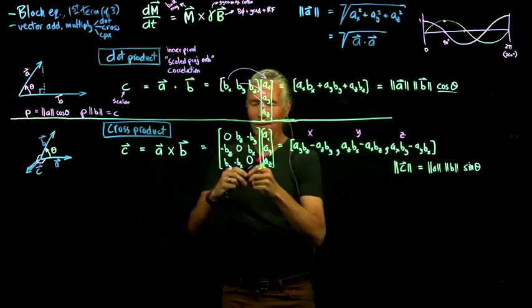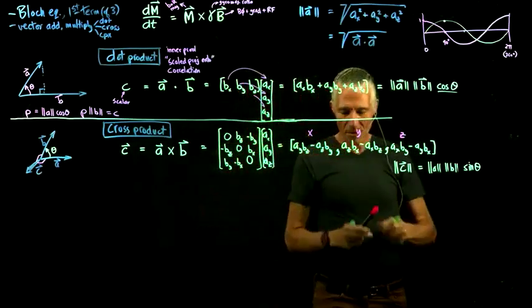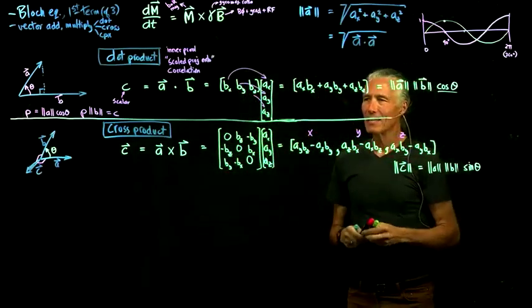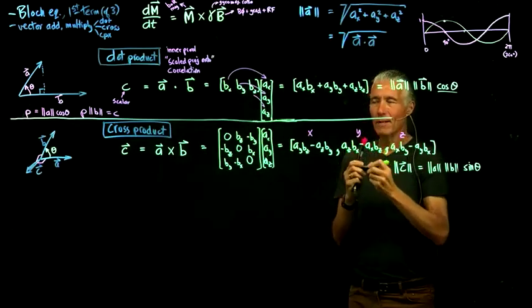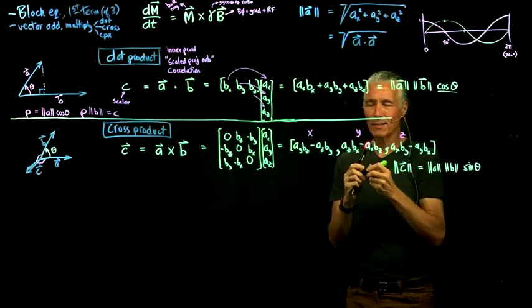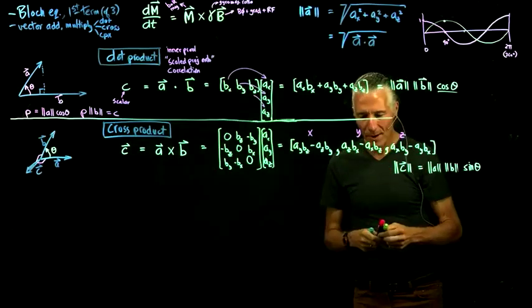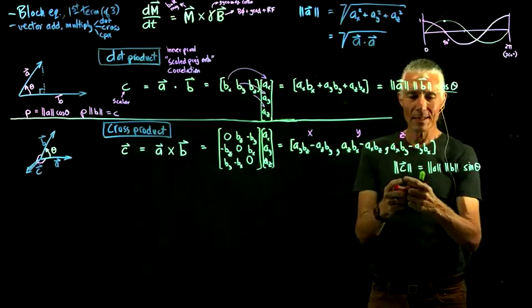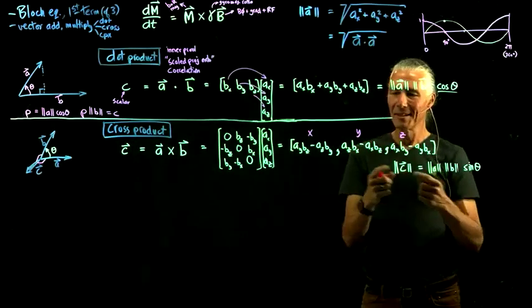So it depends on sort of the spacing, and you can see it's related to the area. It's a different kind of thing. It's related to the area that the vectors kind of sweep out. So what does this cross product do?